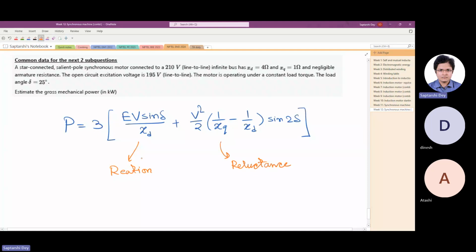The reaction power varies with sine delta, whereas the other one varies with sine 2 delta, twice the frequency.